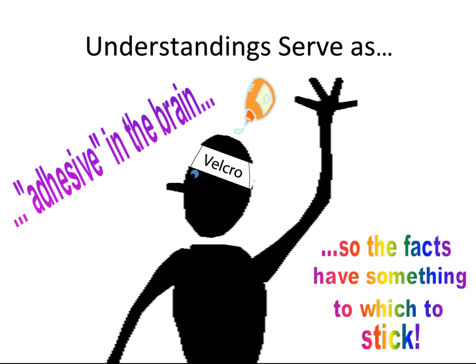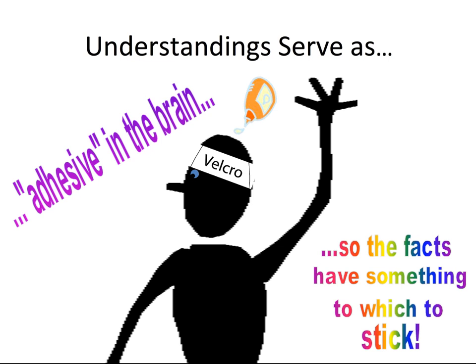If we think back to Judy Willis and some of her discussions, to be brain friendly with our curriculum, we want to make sure that there are these big ideas because they do provide this adhesive to the brain. And so understandings give us something with which to stick those facts and skills to.